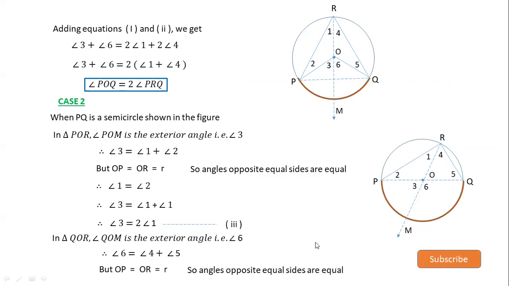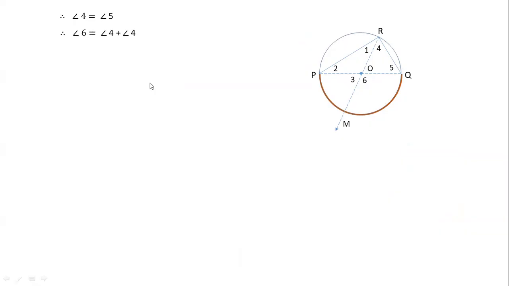So that means 4 and 5 must be equal. That means angle 6 is angle 4 plus angle 4, angle 6 is 2 times angle 4. Let this be the fourth equation.